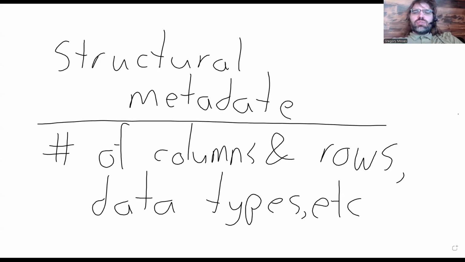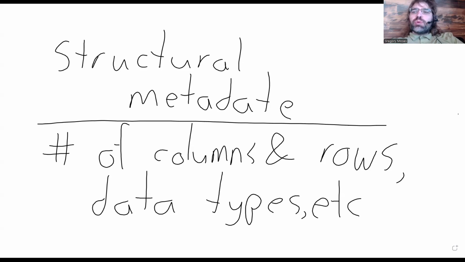So we can loosely break our metadata down into different types of metadata. We can talk about structural metadata, which is things like how many columns are there, how many rows are there, what's the data type in this column? I mean, thinking back to Python, is this an int?